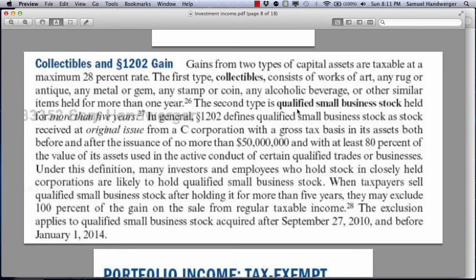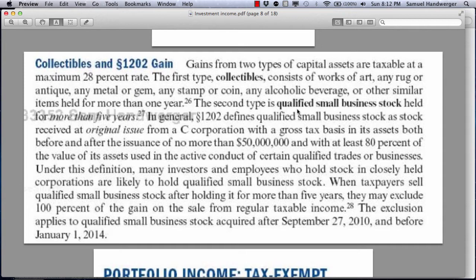One other thing I just want to make mention of here is that collectibles, when they're sold, if they've been held for greater than a year, yes, they may be a capital asset, but their capital asset rate is 28% as opposed to the more favorable 20% rate that we've been learning about. It's just a quirk in the law, but it's based on the concept that collectibles, people could make a little side trade or business of them using the capital gains rates when they sell them, keeping them out of the, quote, inventory concept by disguising their activity in a way that doesn't look like a trade or business.